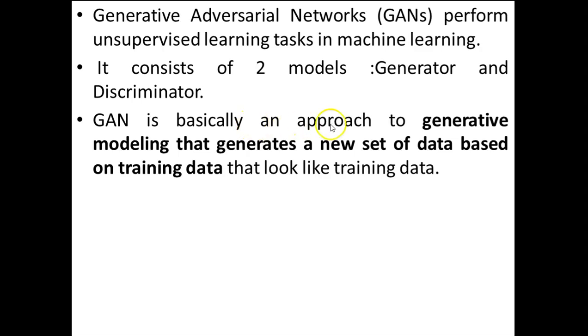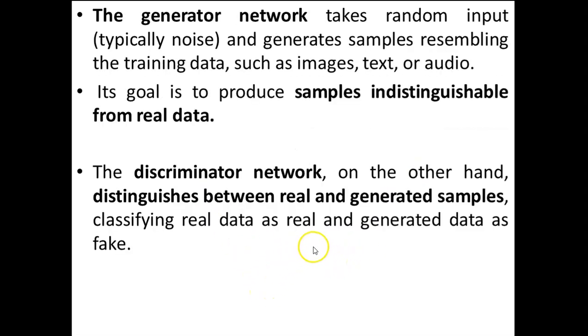GAN is basically an approach to generative modeling that generates a new set of data, based on training data, that looks like the training data. The generator model takes random input and generates samples resembling the training data, such as images, text, or audio.